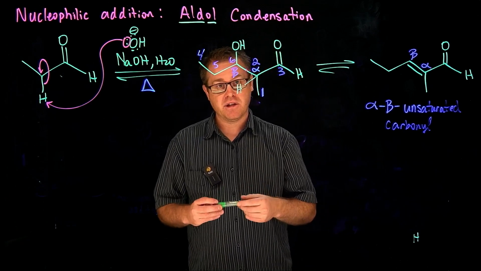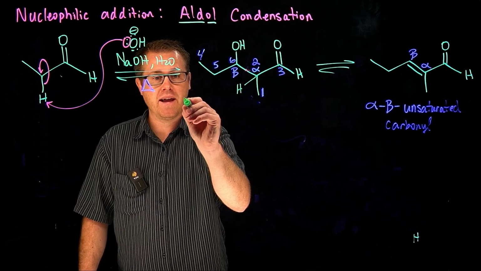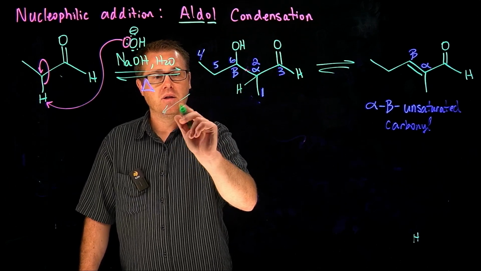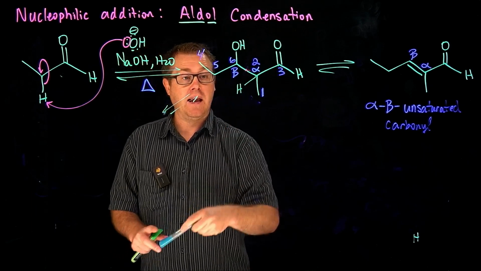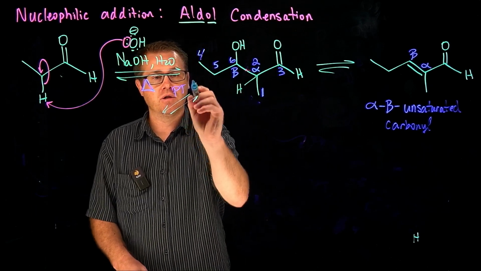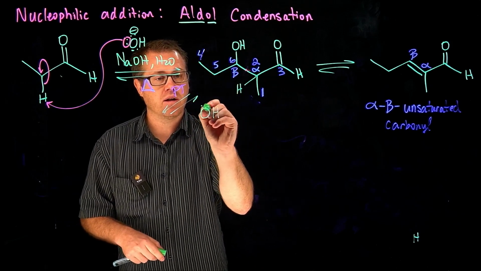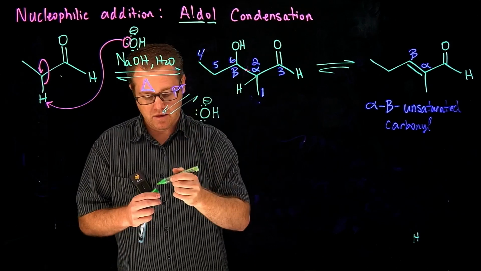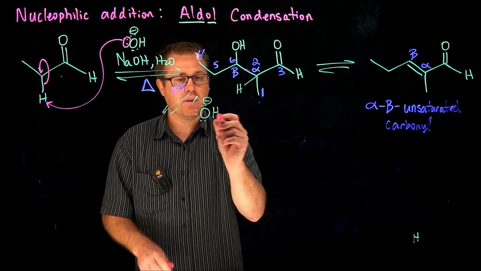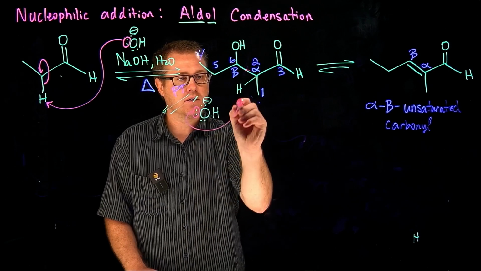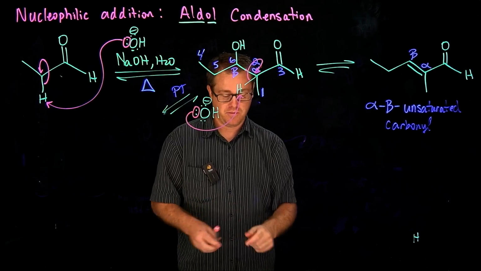And alpha hydrogens are acidic. So we can invoke a proton transfer in which we're going to deprotonate that proton. So we're going to do a proton transfer, and we're going to invoke our hydroxide right here. So that's going to come and form another enolate. Okay, so that's going to come, grab that, put the electrons on carbon 2.